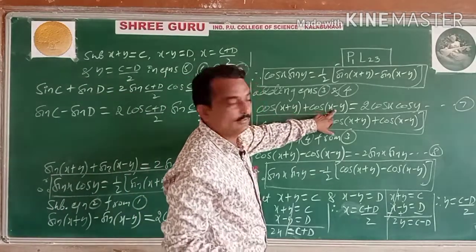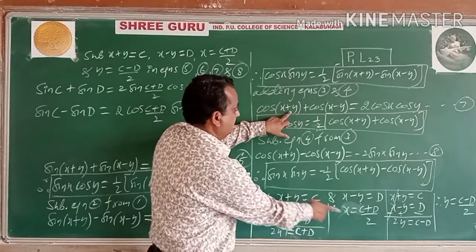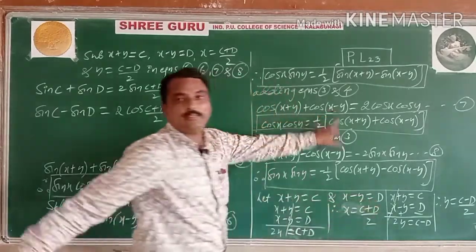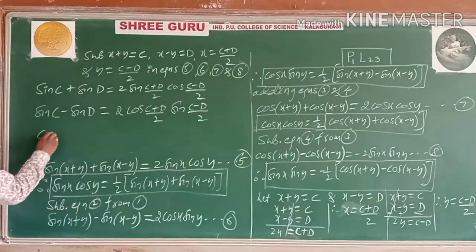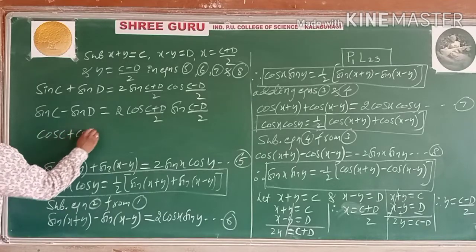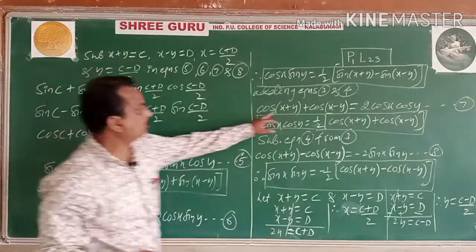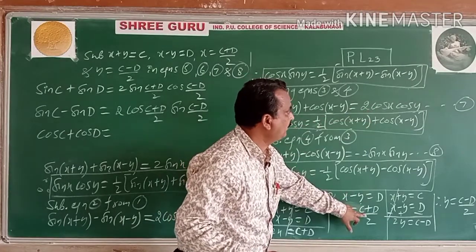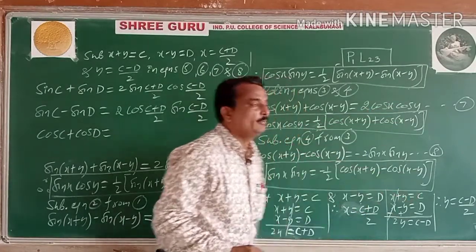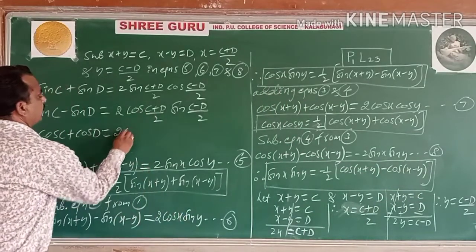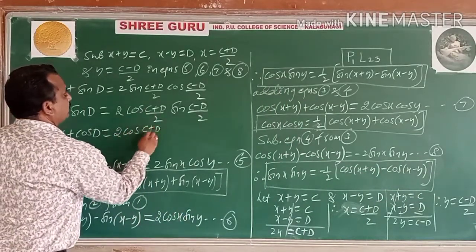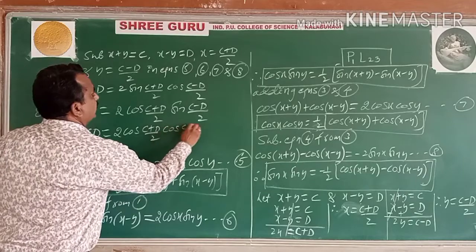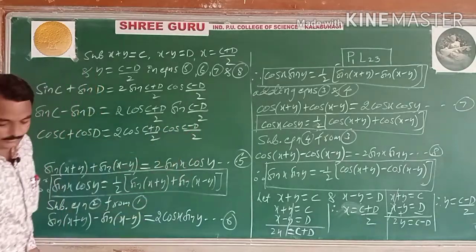What is equation number 7? Cos C plus cos D is equal to 2 times cos of x, C plus D by 2, into cos of y, C minus D by 2.